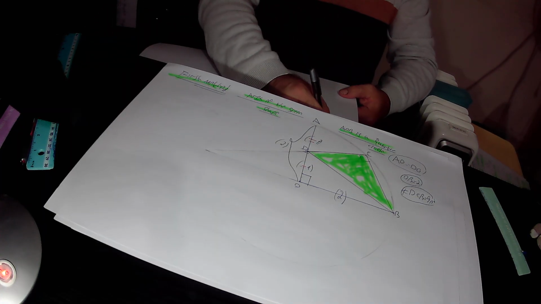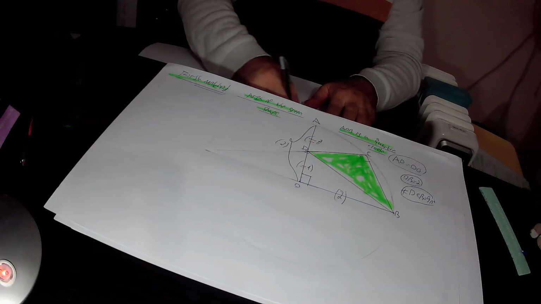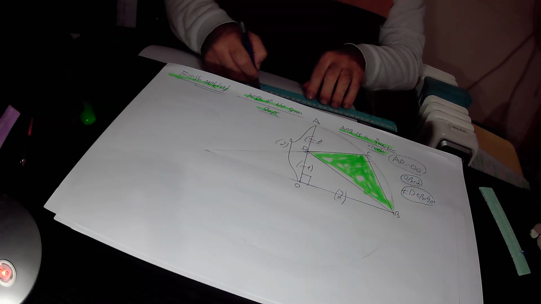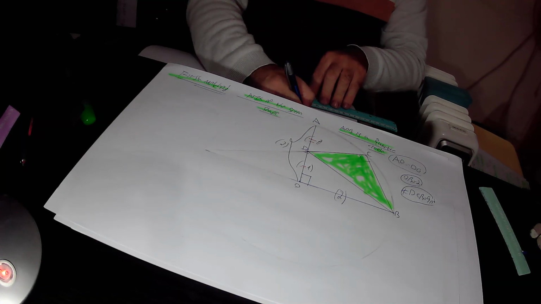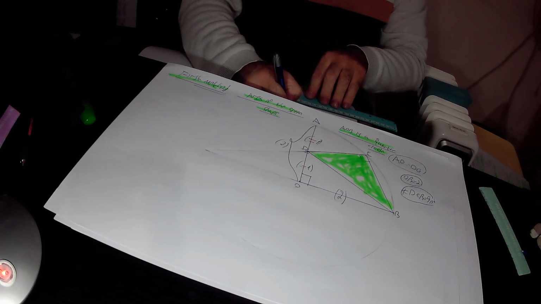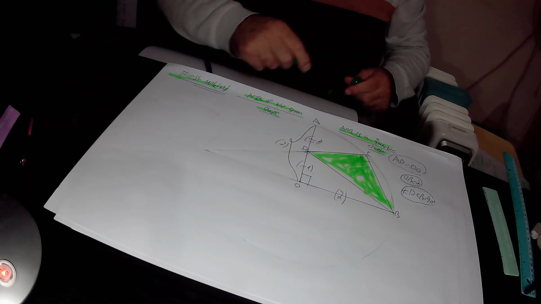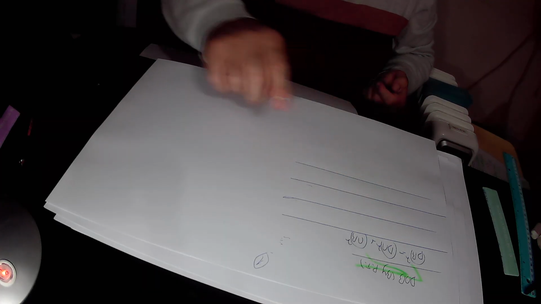So in this right triangle DOB, here PT is an abbreviation for Pythagoras theorem, DB squared, that is the square of the hypotenuse, equals DO squared plus OB squared.